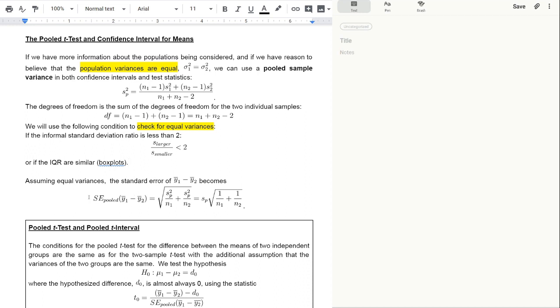This is called a pooled standard error. So if we replace the two variances by the pooled variance, and if we perform some algebra, then the pooled standard error is given by the pooled standard deviation, which is Sp, multiplied by the square root of 1 over n1 plus 1 over n2, the sample sizes. Okay.